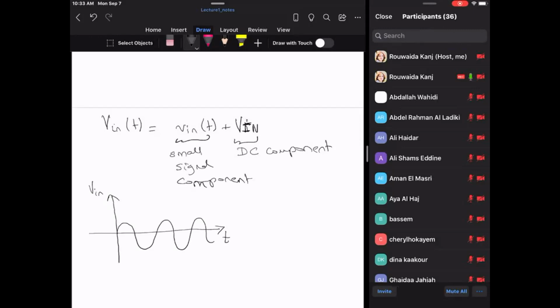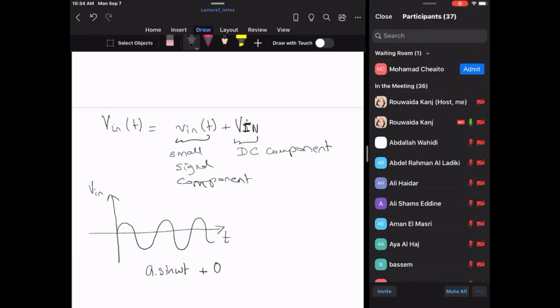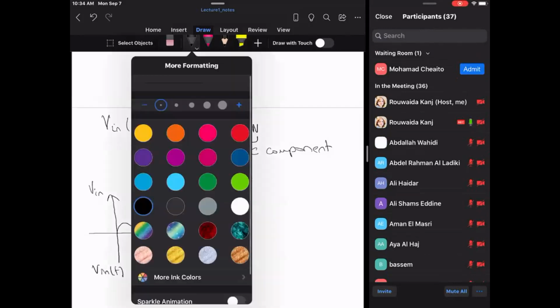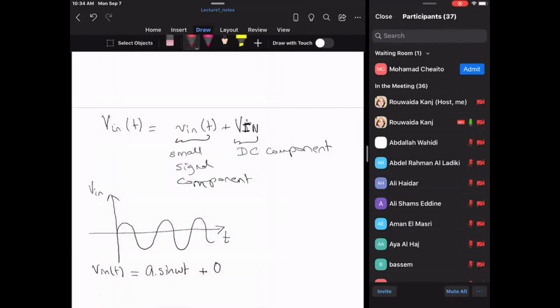So Vn of t is A sine omega t plus 0, this means that my DC component is 0, and this is my small signal component. From here I will put SS for this small signal component.